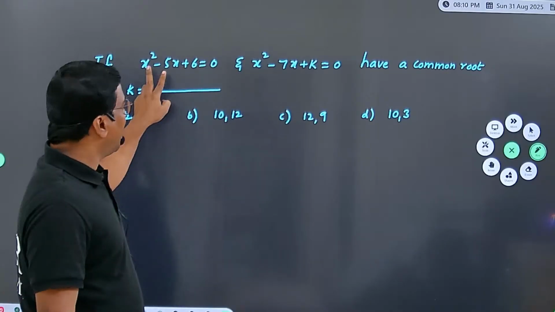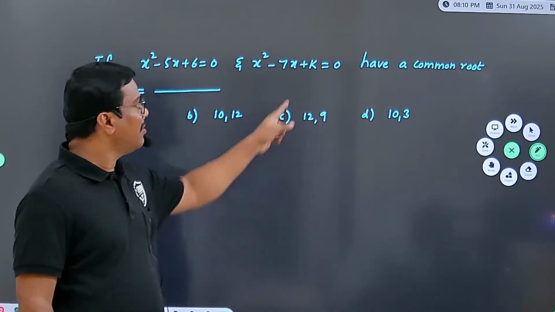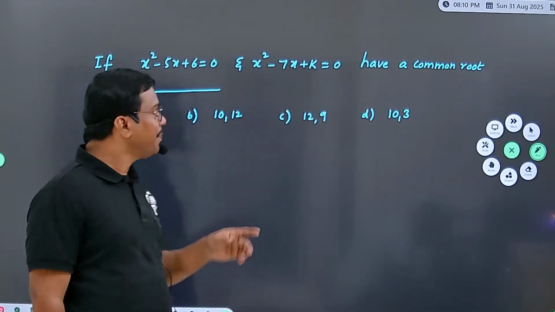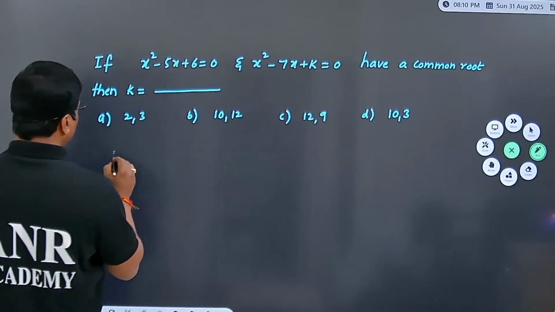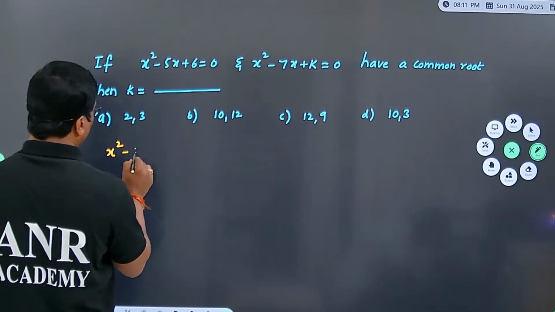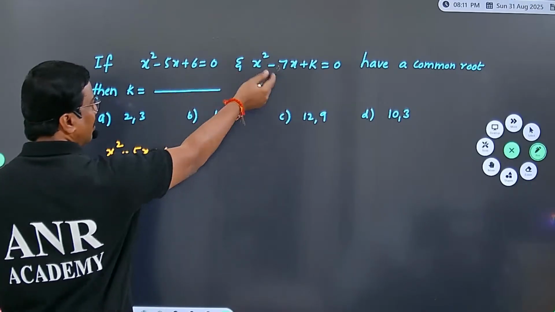There are two chances, so there are two results for the parameter k. x square minus 5x plus 6 equal to 0 is given. First I am going to find the roots of this equation. The same roots apply to the second one.